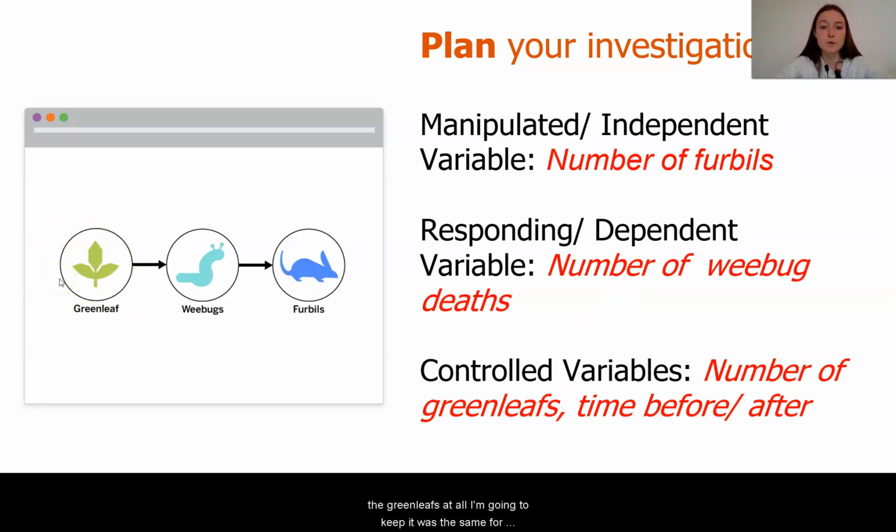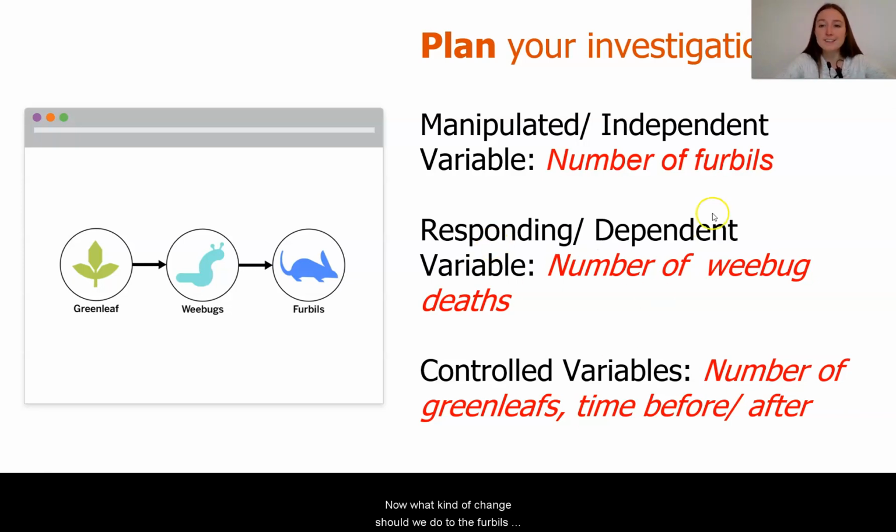I'm going to keep those the same before and after. I also am going to make sure that I give the same amount of time before and after I make my change, so that I can really compare how many deaths occur in an exact amount of time. I'm going to leave about 25 time units for before and after.